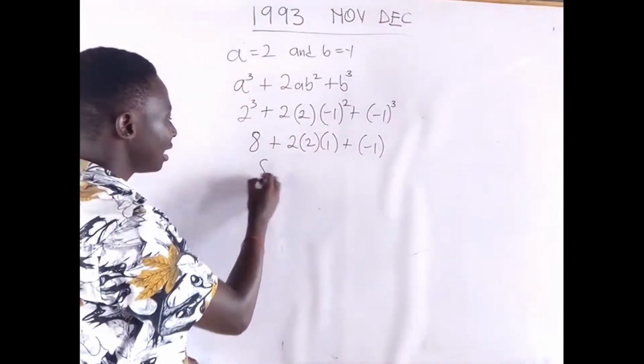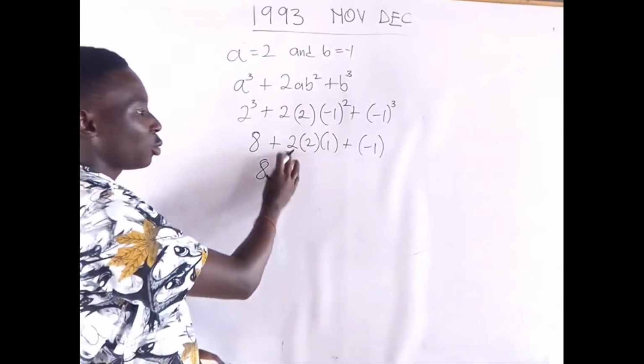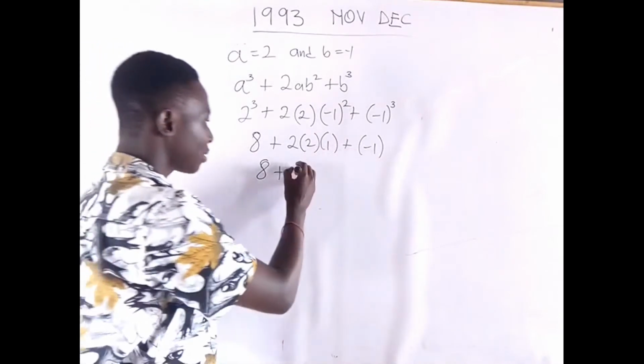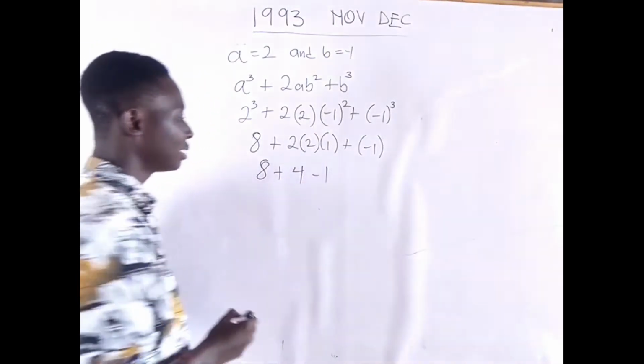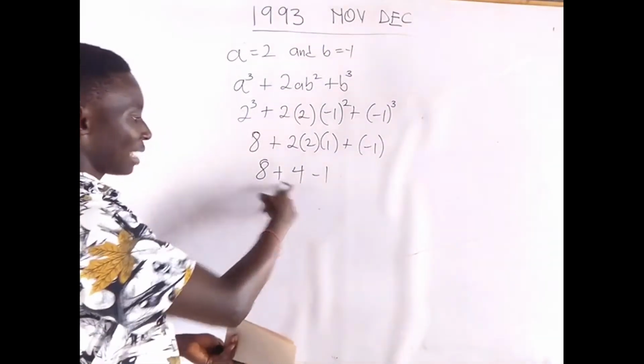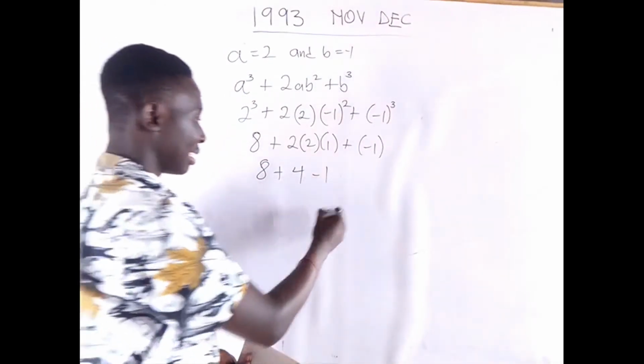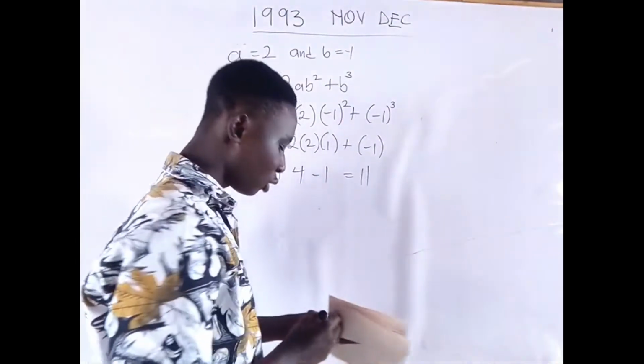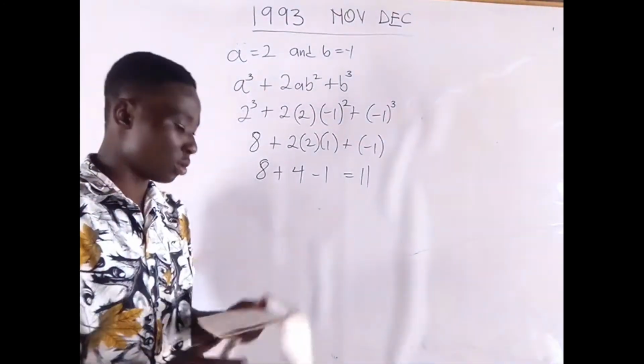So we are going to get 8 plus 2 times 2 is 4 times 1 still 4 minus 1. So now this plus this is going to give us 12 minus this 1 is 11. So this is our answer for number 2.